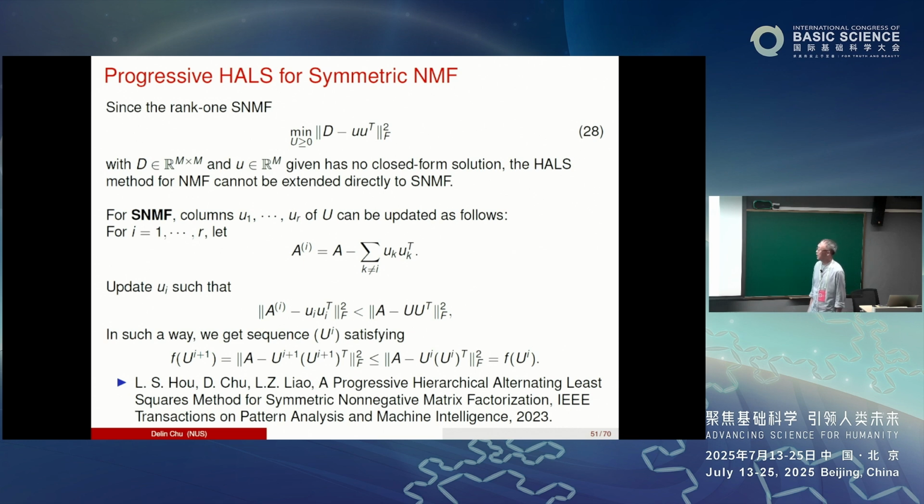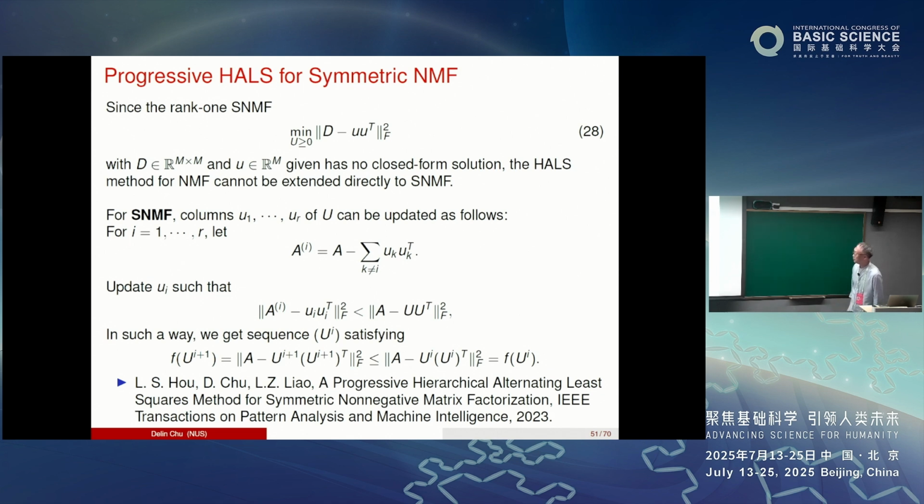Well, unfortunately, this minimization problem has no closed form solution. At least so far, nobody knows how to get its closed form solution. Because of this, the popular HALS method for non-negative matrix factorization problem cannot be generalized directly to the symmetric non-negative matrix factorization problem.